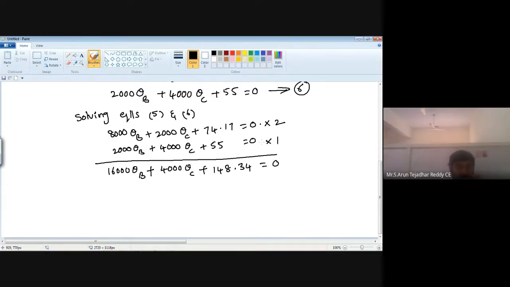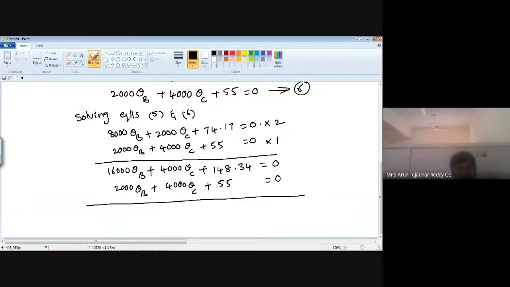Now this one is common because all values are multiplied with 1, so values are same: 2000 theta B plus 4000 theta C plus 55 equal to 0.